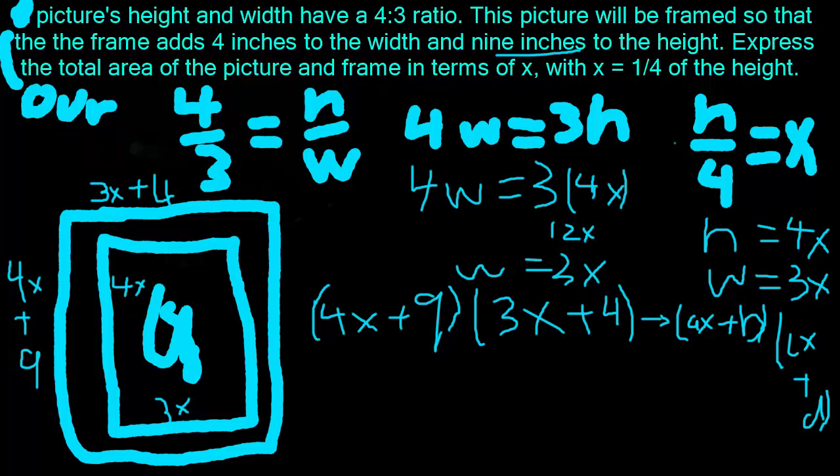So what we do, we can FOIL here, two and two. So first gives 12x squared, and then you have 16x plus 27x plus 36.